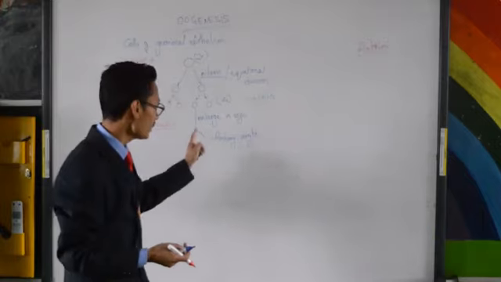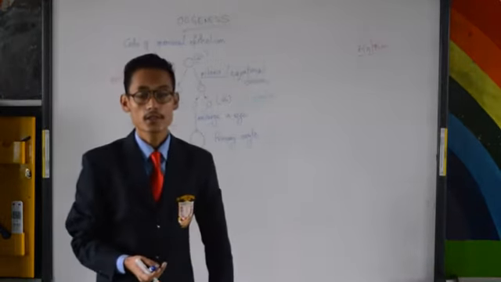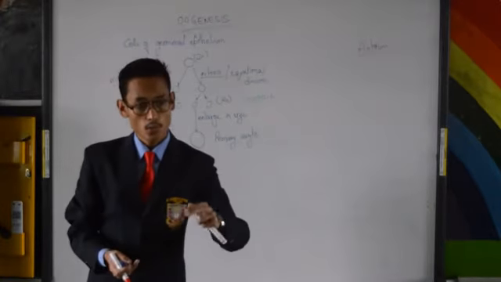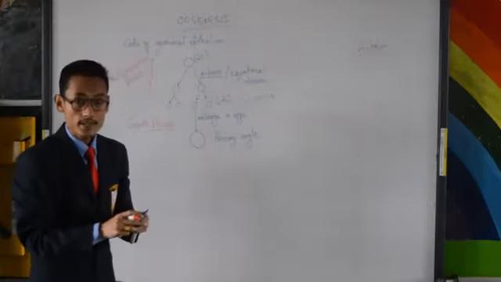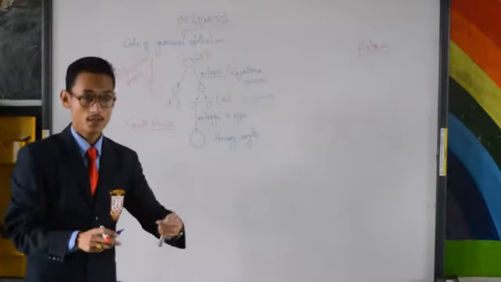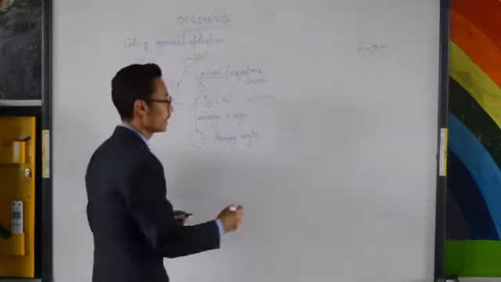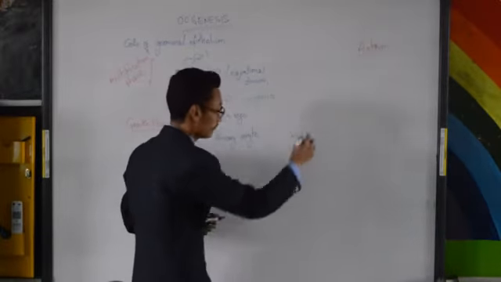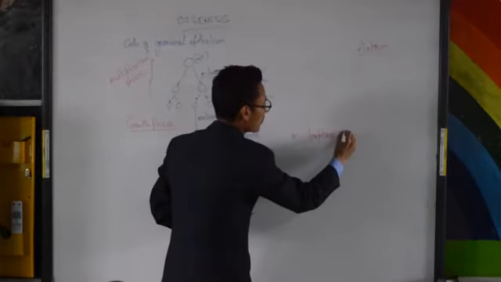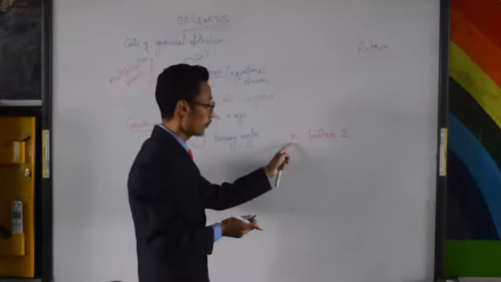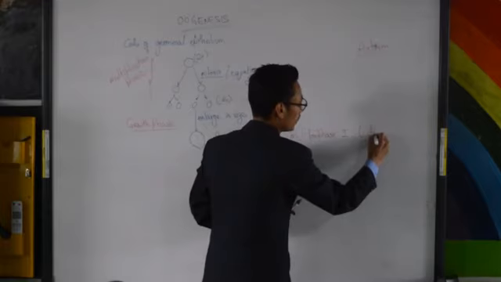Before that, these primary oocytes will never ever complete the first meiotic division. So where will it be arrested? The primary oocytes' first meiotic division will be arrested or suspended in prophase 1.